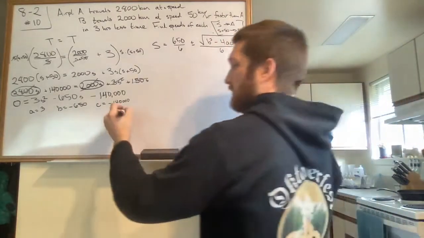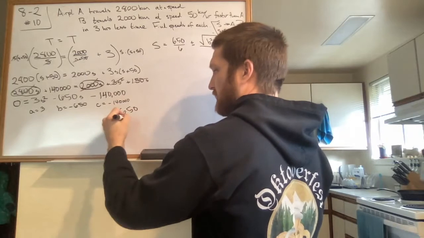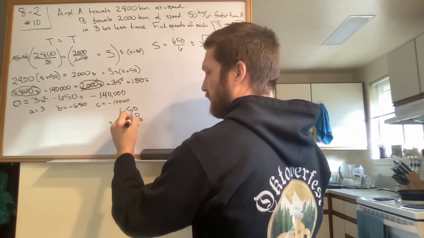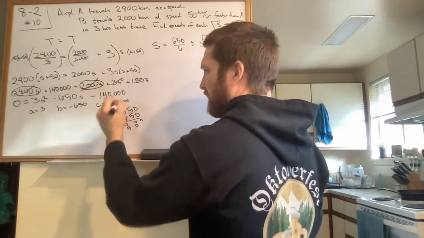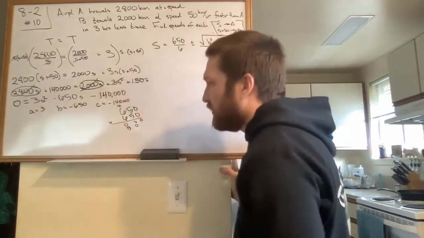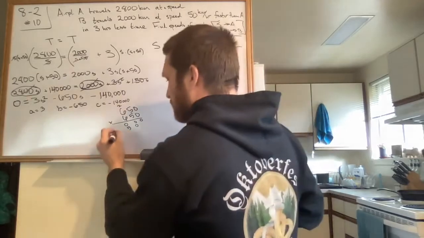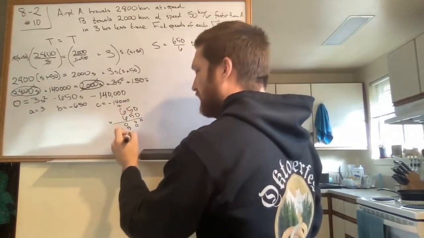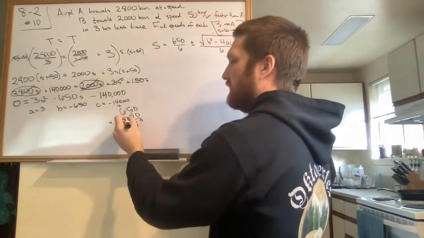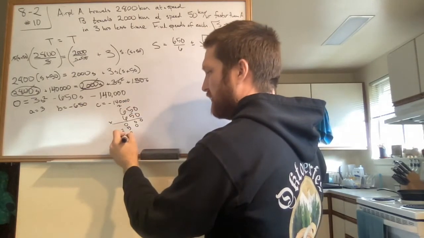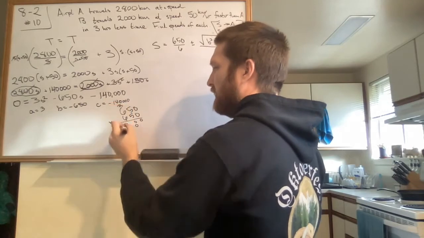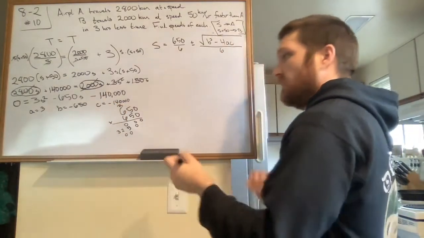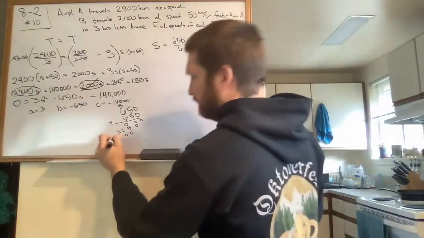B squared is 650 times 650. 0, 0, 0, 5 times 5 is 25. 6 times 5 is 30, and 2 makes 32. Finally, we get a 0. 6 times 5 is 30, 6 times 6 is 36. 37, 38, 39.